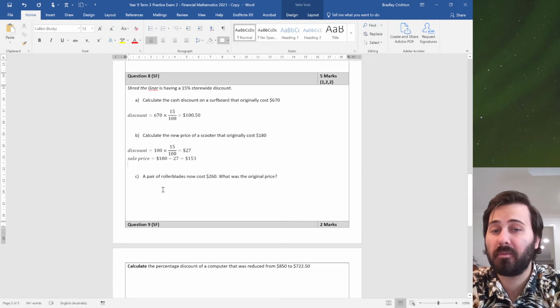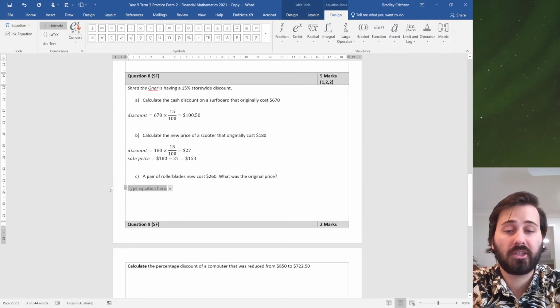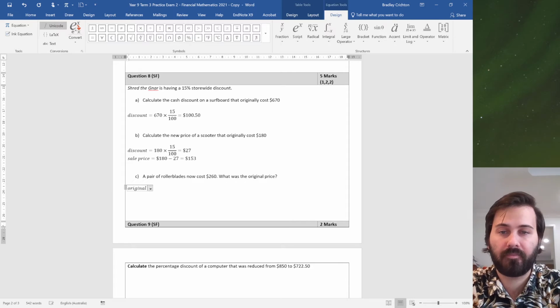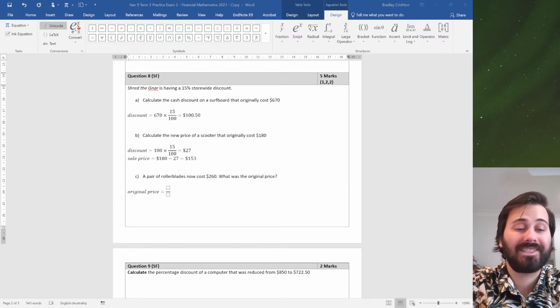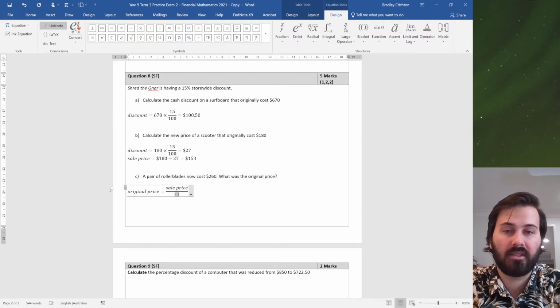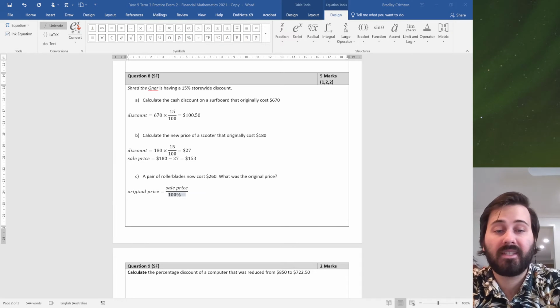C, a pair of rollerblades now cost $260. What was the original price? So we have to use our original price formula. That is equal to our sale price divided by 100% minus the percentage discount.